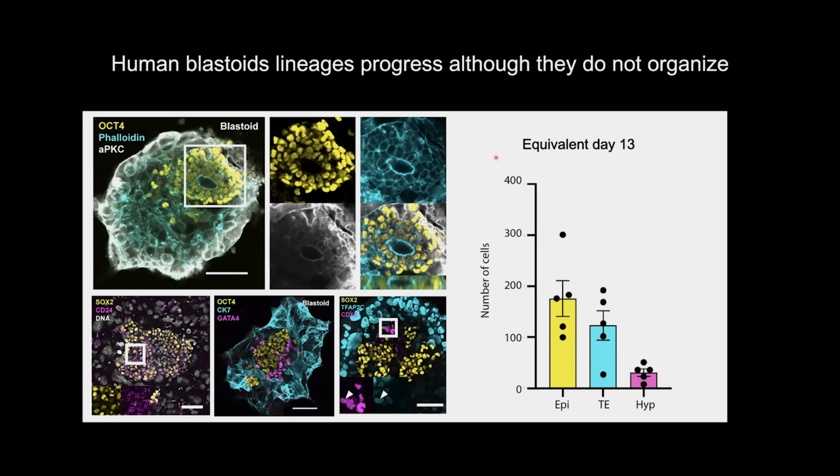But of course, these are not reflecting a human embryo on day 13. However, the blastoids are capable of very nicely expanding the three lineages. So the three lineages are progressing and they are proliferating. However, this has very little to do with a day 13 human embryo.